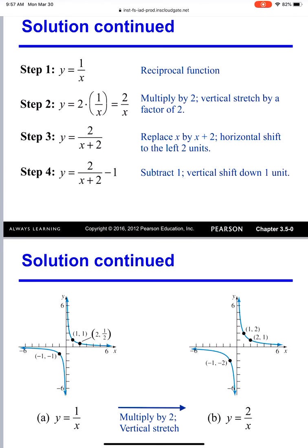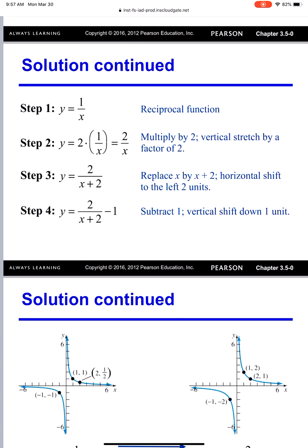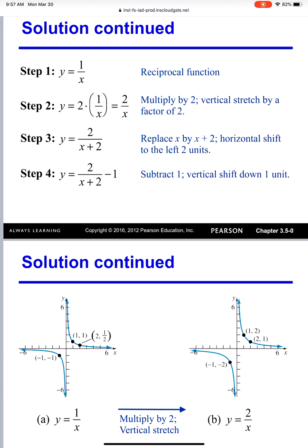Then we build the graph y equals 2 over x. We talked about the vertical stretch by 2. We use the first graph and the y coordinates of the 3 given points were multiplied by 2.